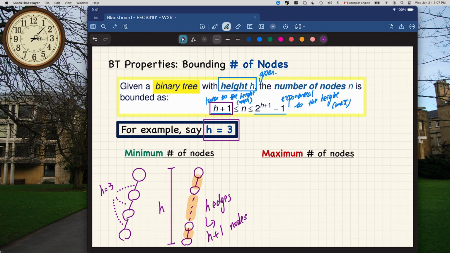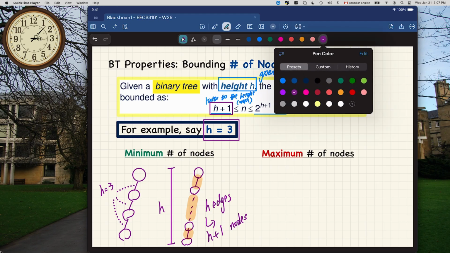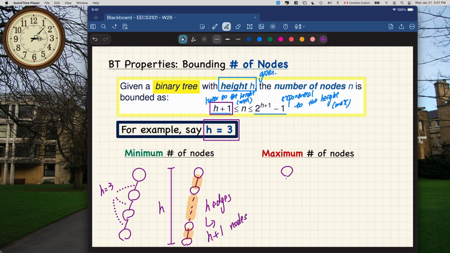Okay, how about maximum? It'll be a completely different concern. Let's still start with that. Given that height is 3, I still got this slant, 2 and 3. So now I got exactly h equal to 3. But without changing the height, I want to get as many nodes as possible. So what I would do is I'm just going to branch out at every level of every node.